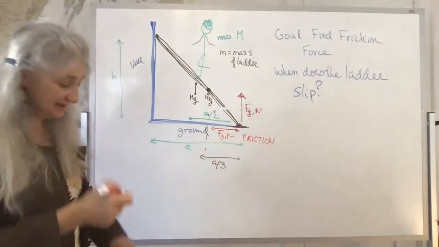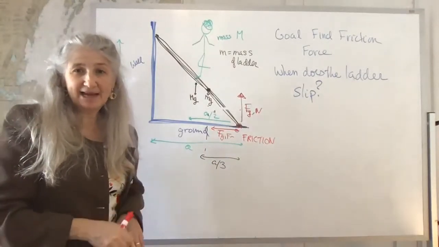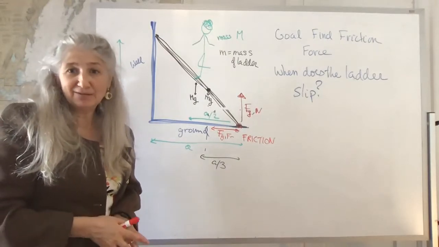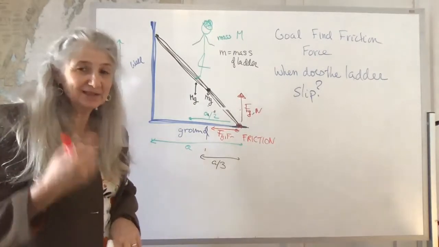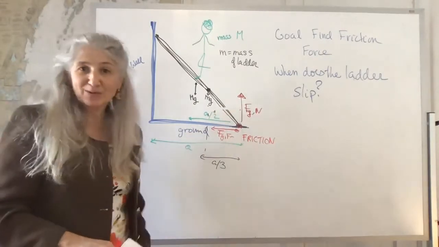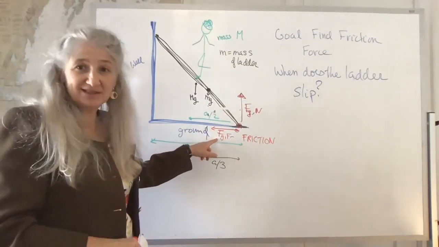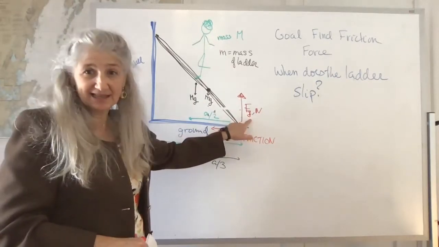If the friction is large enough, then the ladder doesn't slip. But if you remember, the Coulomb law for static friction says it can be at most some friction coefficient times the normal force. So the maximum size of the friction force is the friction coefficient times this thing.